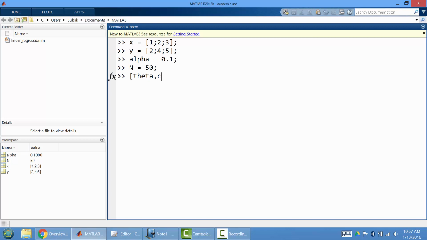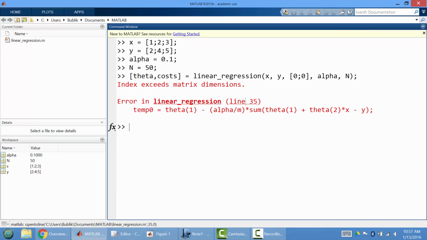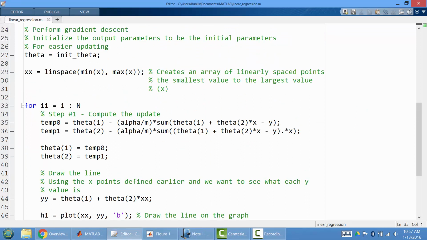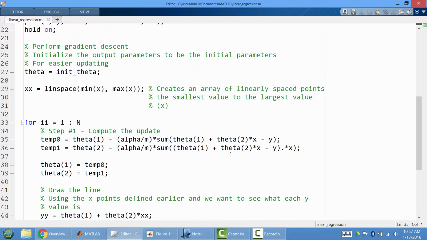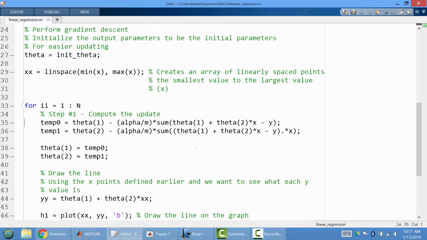So x, y, and then, oh yeah, theta. We'll just make it 0, 0 for now. Alpha, and then n. Ugh, let's see here. What did I do? Theta 1, theta 2.